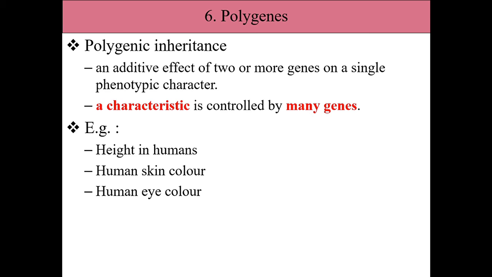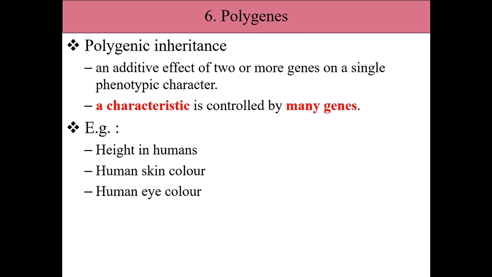And the last type of inheritance that deviates from Mendelian is polygenes. Poly means many, so many genes. So why does this inheritance disobey Mendelian law? Okay, here is the definition or description of this polygene.